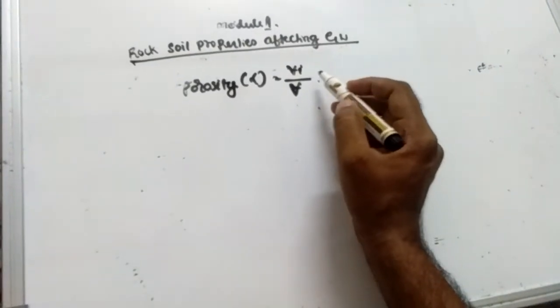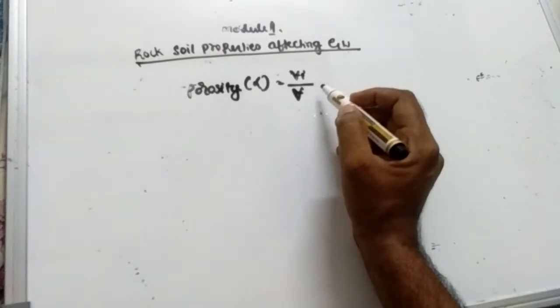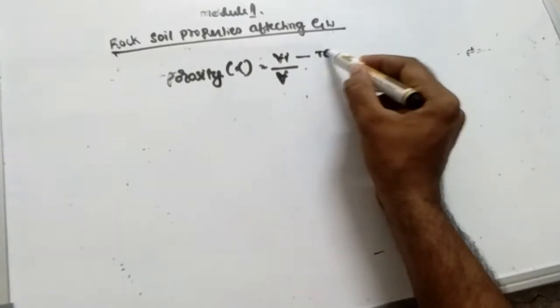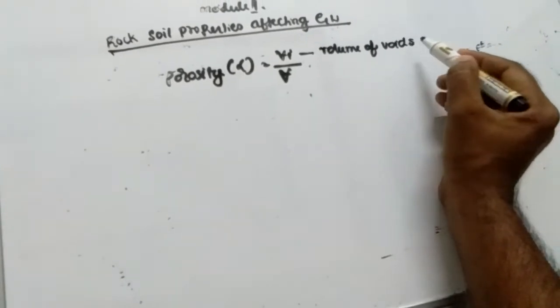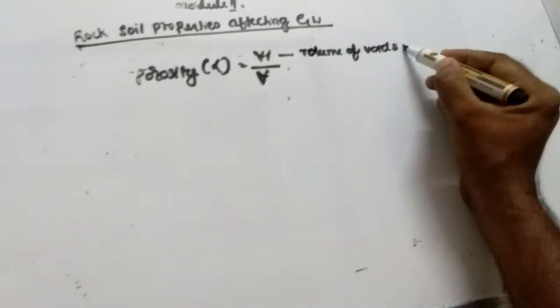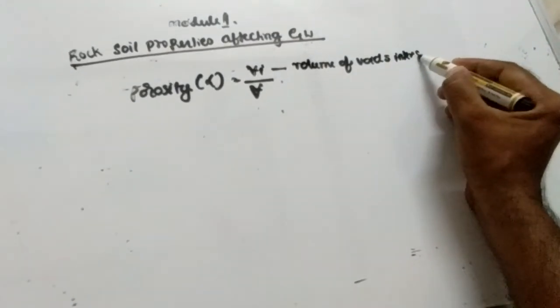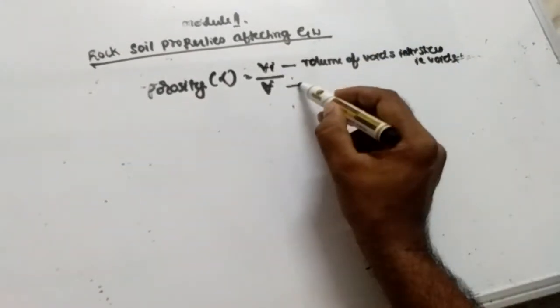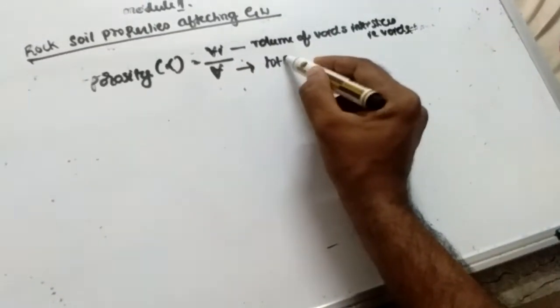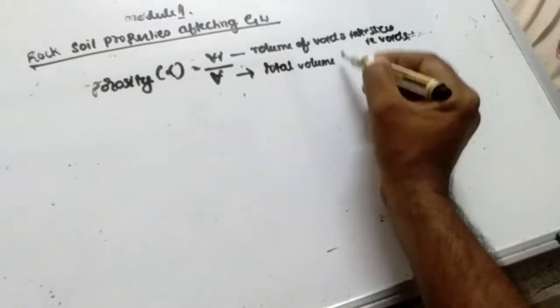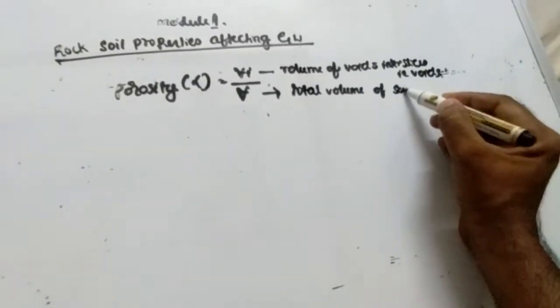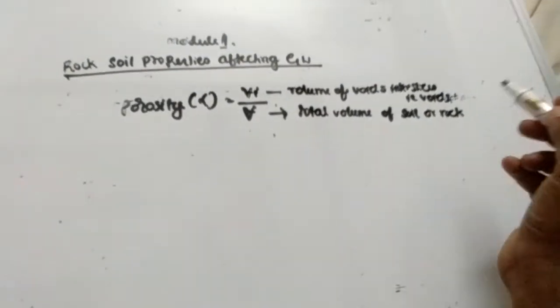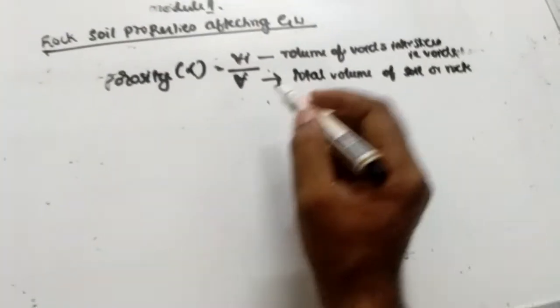Here Vi is the volume of voids, interstices, and V is the total volume of soil or rock.